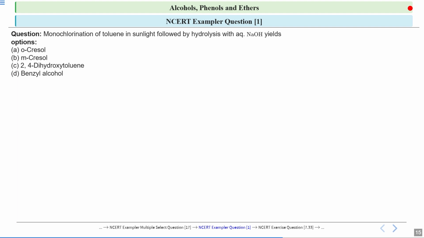So you have to first write the reaction. This reaction is taking place in two steps. Okay. So first you will write the reaction and then look at the four options. I'm giving you some time to solve this question and then I'm going to discuss the solution. So you have 30 seconds. Your time starts now.